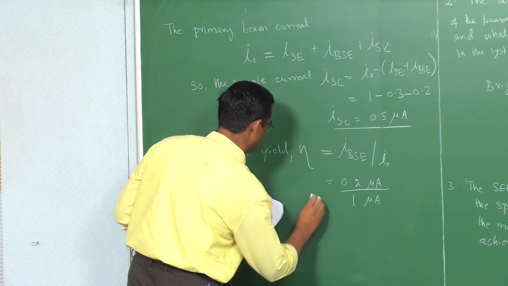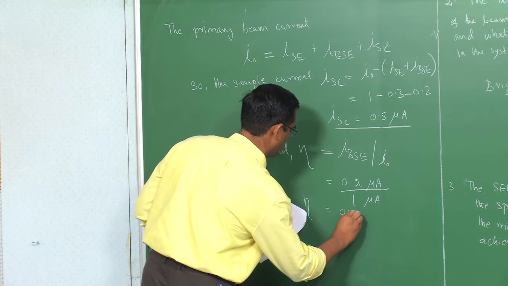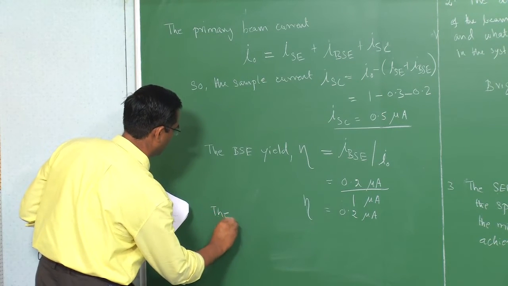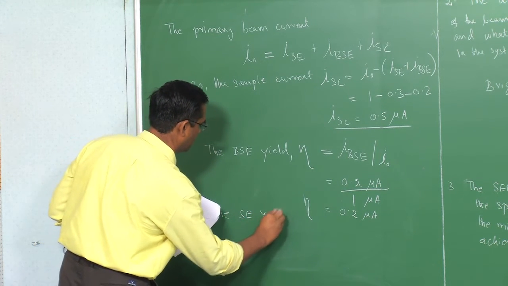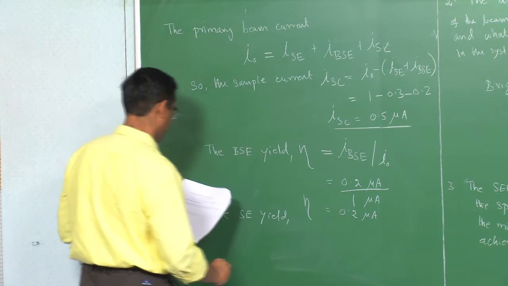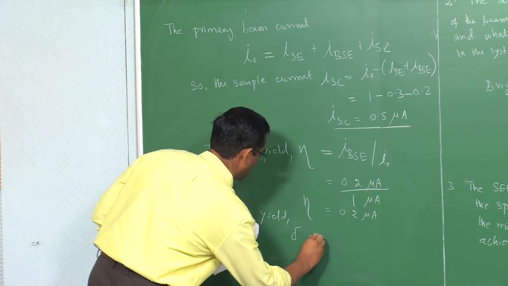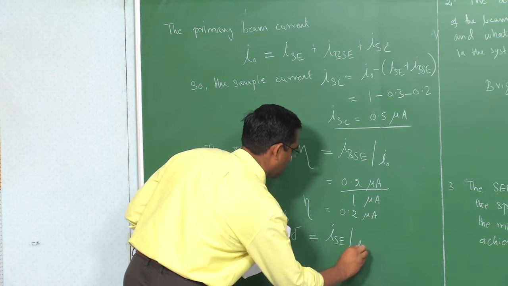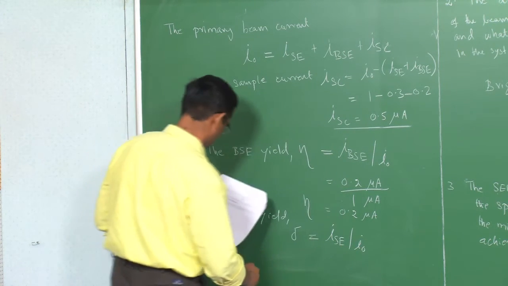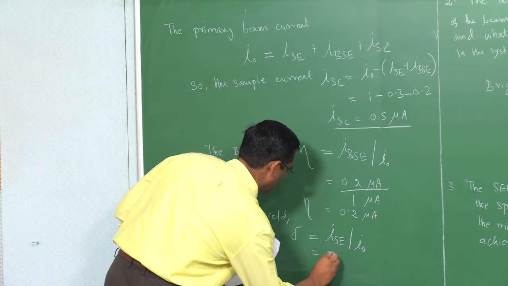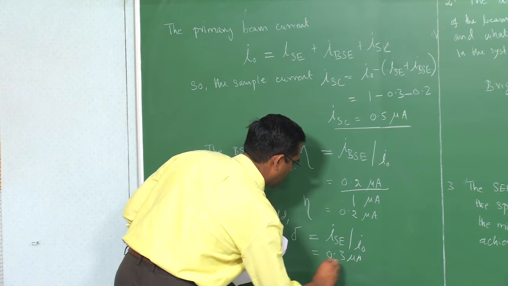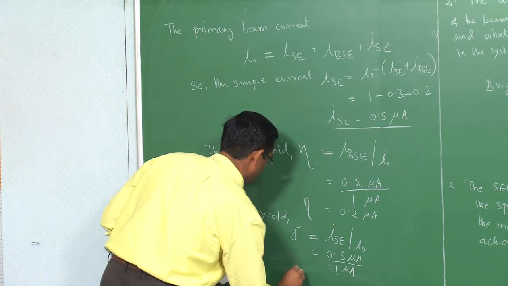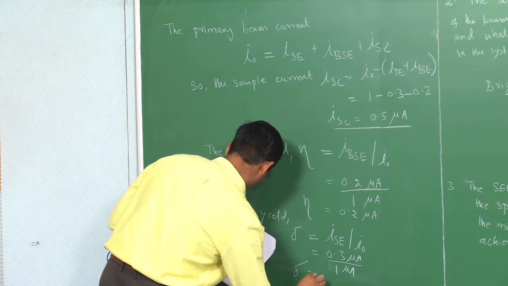You will get again the same value. The secondary electron yield, which is written as delta, is I_SE by I naught, which is nothing but 0.3 microampere divided by 0.1 microampere, which is again delta equal to 0.3.